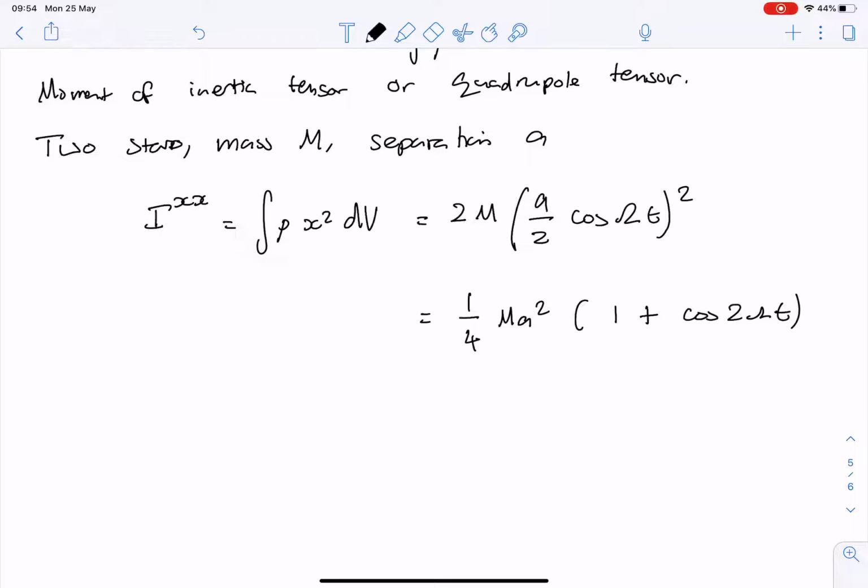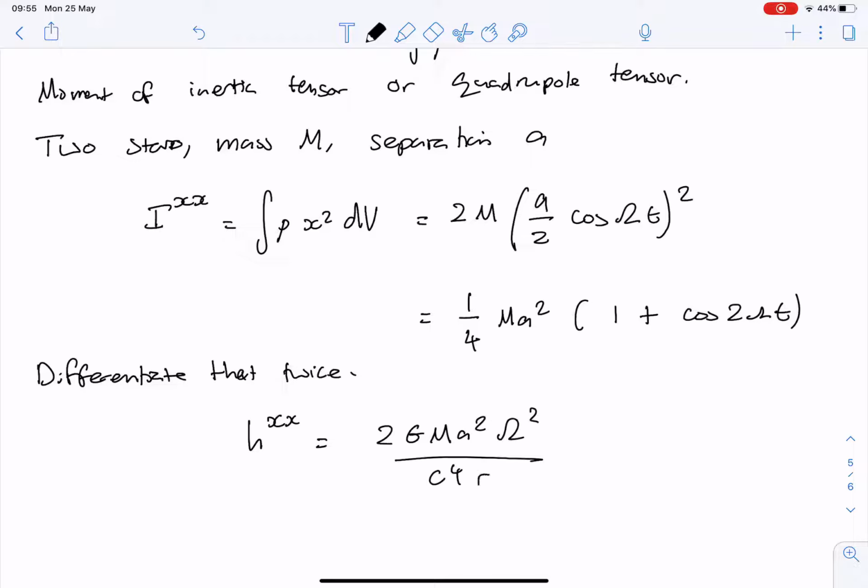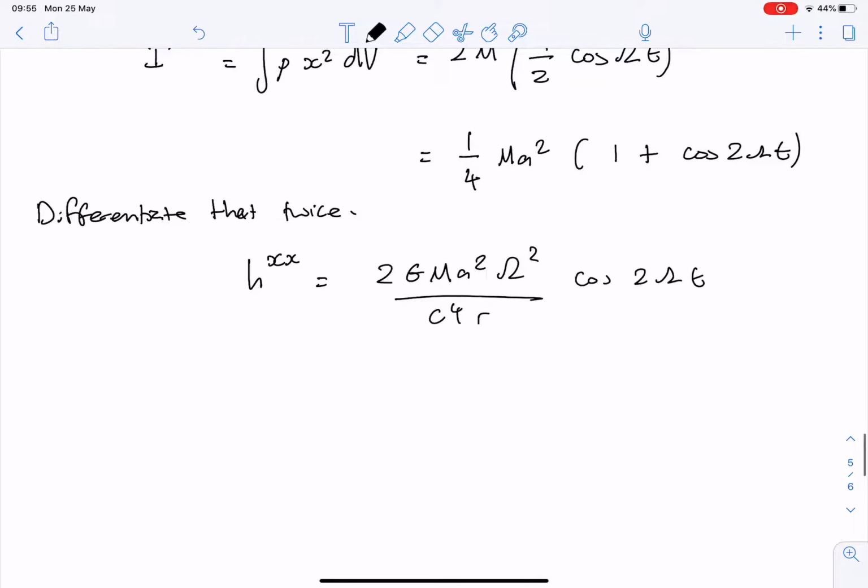I can then differentiate that twice. And I get that h_xx is equal to 2 G m a squared omega squared over c to the 4 r, times cos 2 omega t. So the first thing to notice, of course, is that the amplitude of the gravitational wave varies with the phase of the orbit.